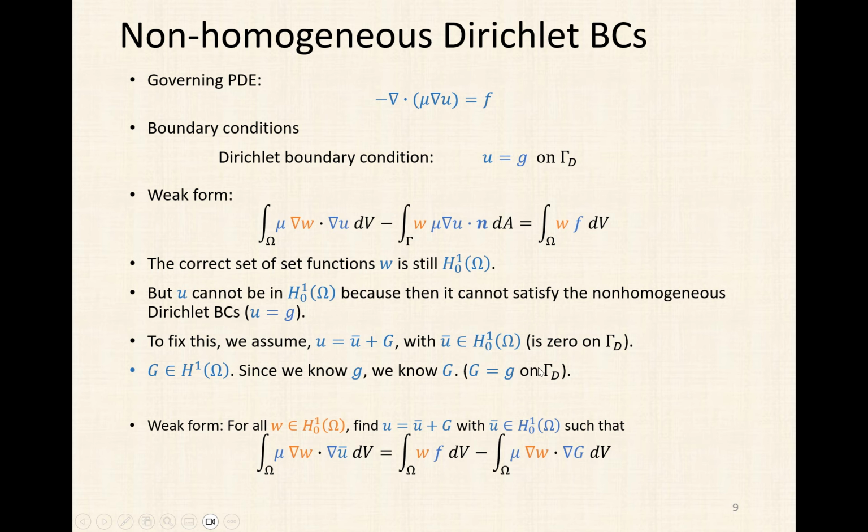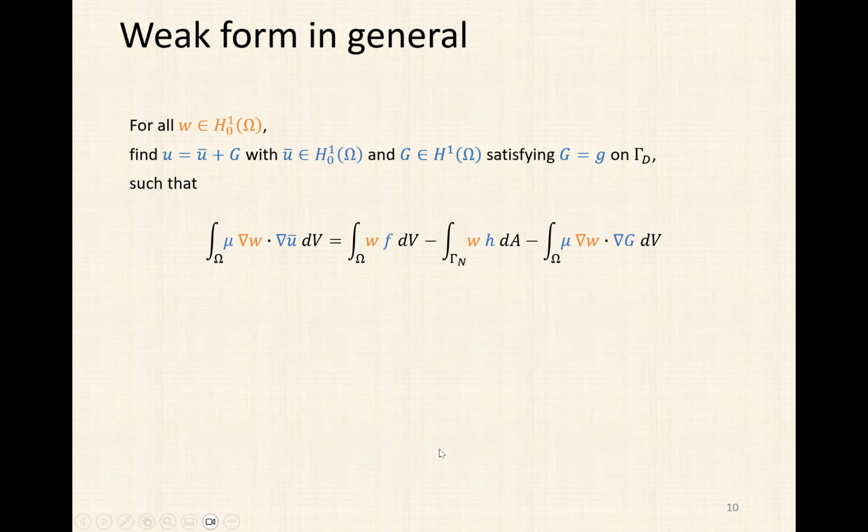So we remove that term after we apply the divergence theorem. Here, if we substitute u equal to u bar plus G, then we have u bar here, and the G term will go to the right hand side, so it becomes minus of this. So this is our weak form.